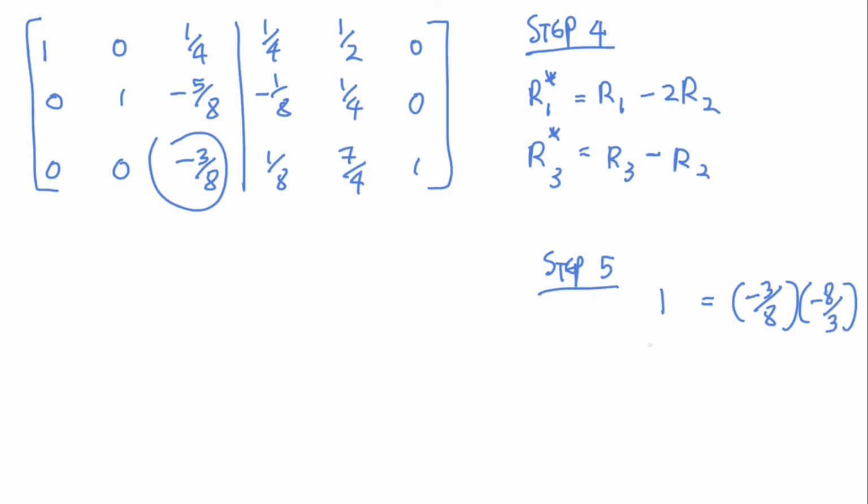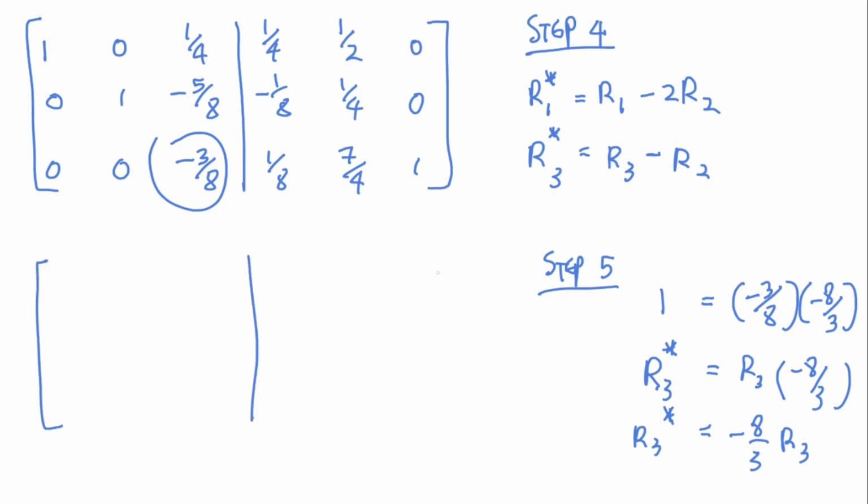What is 1 here? 1 is the new row 3. Negative 3 over 8 is the original row 3. So meaning that the new row 3 is equal to negative 8 over 3 times the original row 3. That's how you form the formula. Understand?